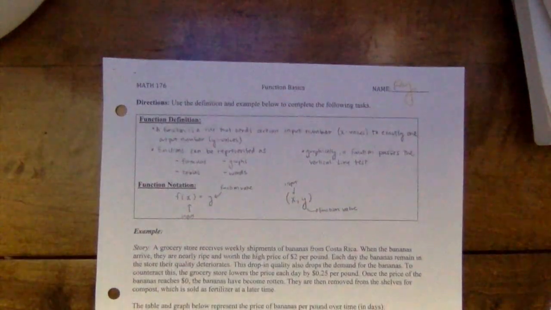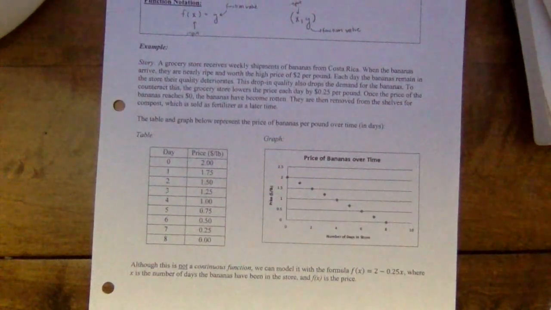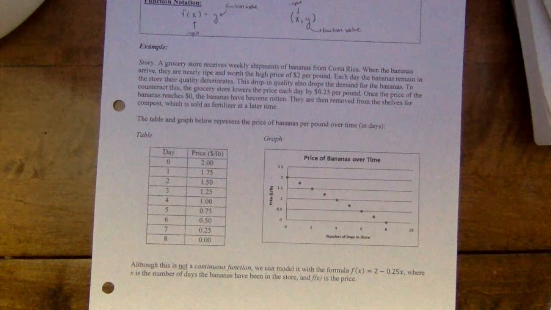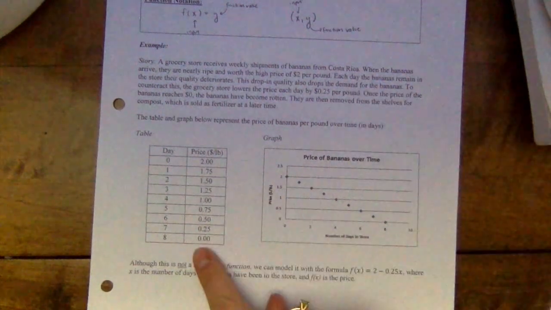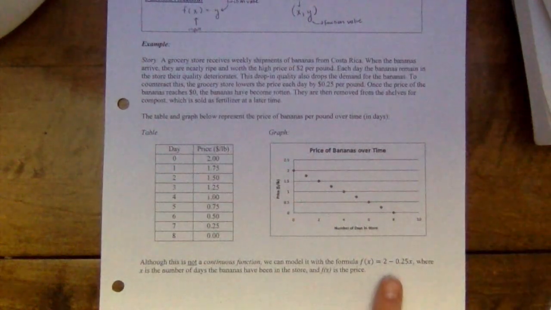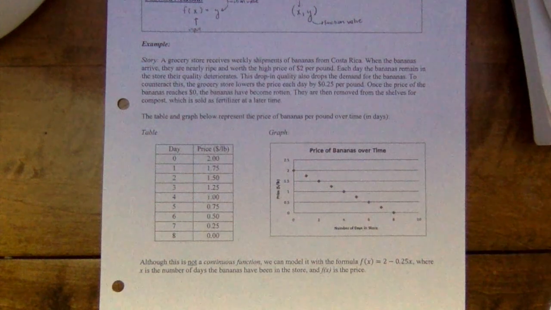So looking at our example here, we notice that just as we talked about, there are 4 different ways that this one function is being described: as a story, in a table, in a graph, and with an algorithm or expression. So pause the video.